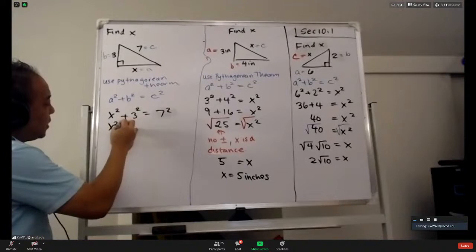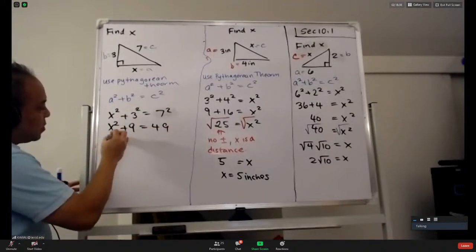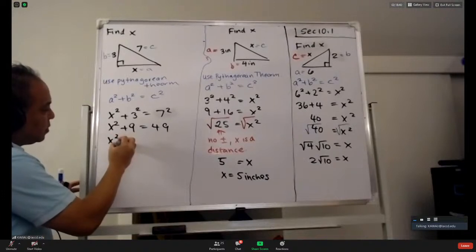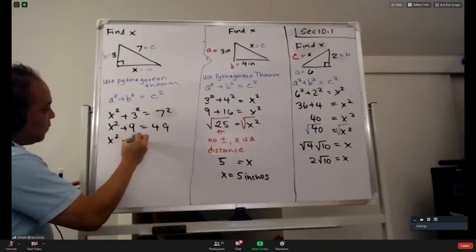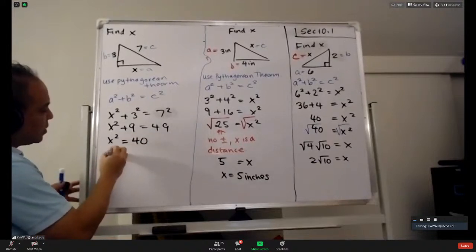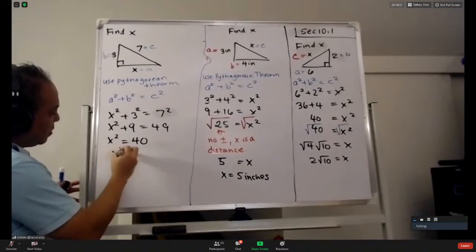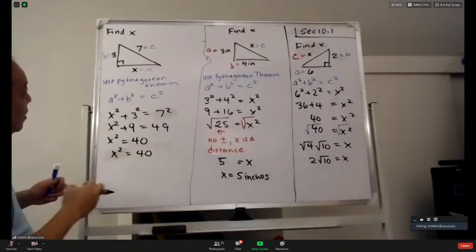x squared plus 9 is equal to 49. So x squared is equal to 40.